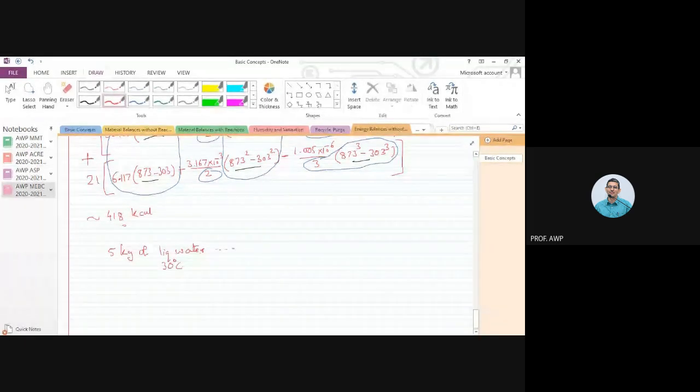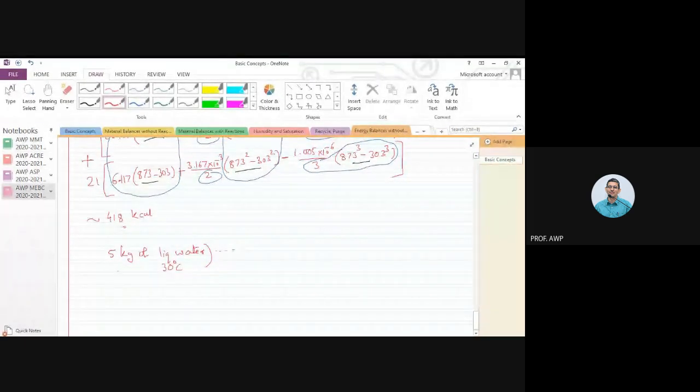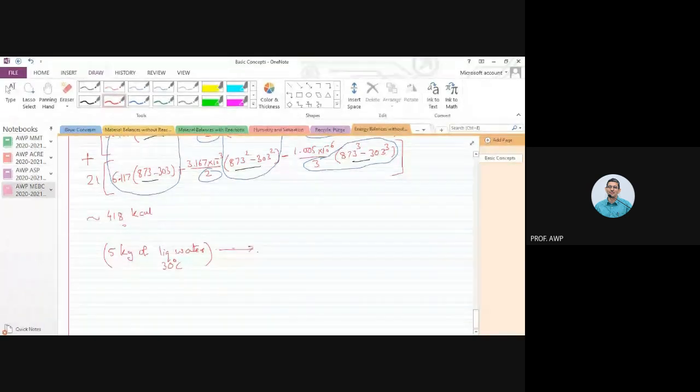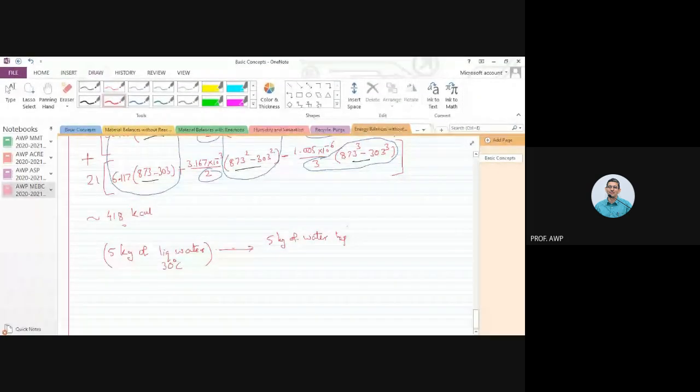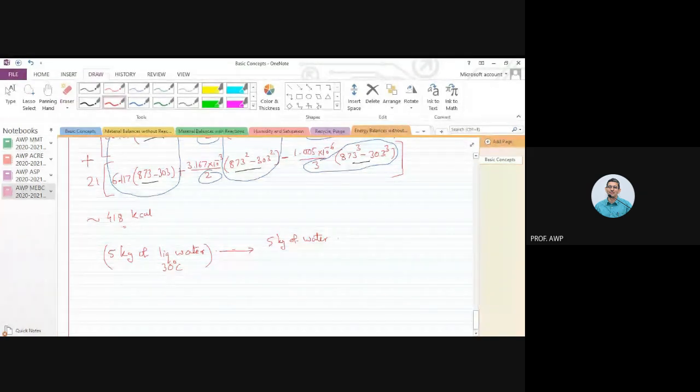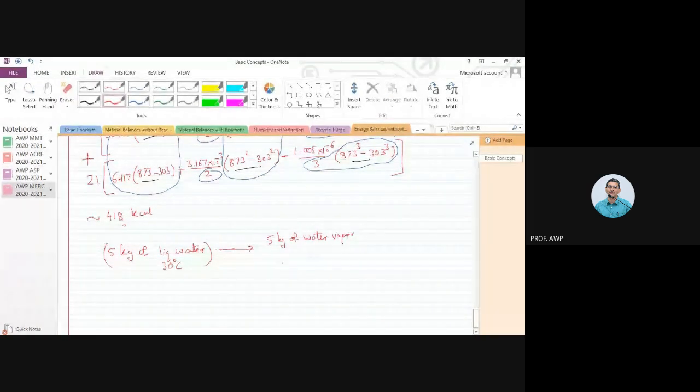We have 5 kgs of liquid water at 30 degrees centigrade. We want to heat this up and make it 5 kgs of water vapor at 120 degrees centigrade.